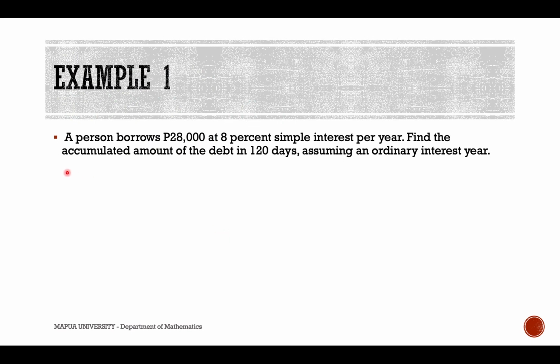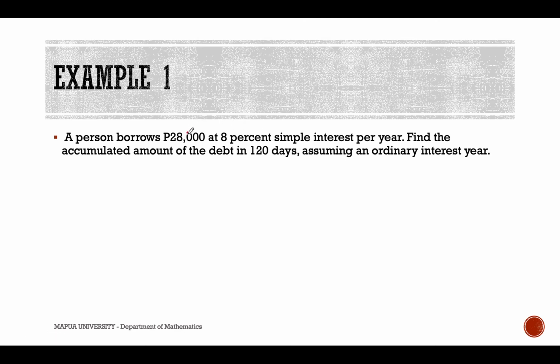So let's have an example. A person borrows 28,000 at 8% simple interest per year. Find the accumulated amount of debt in 120 days, assuming an ordinary interest year.